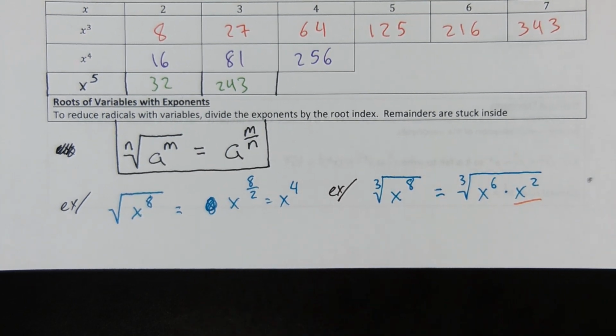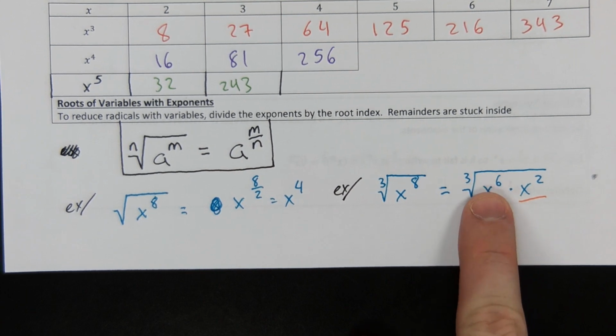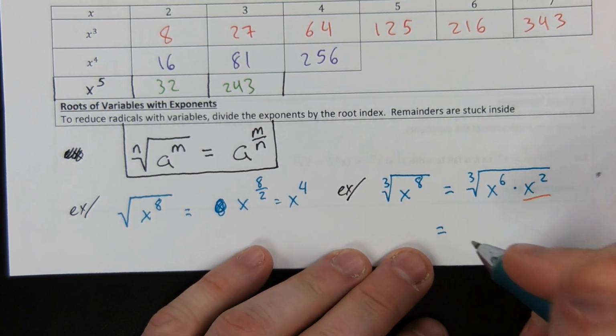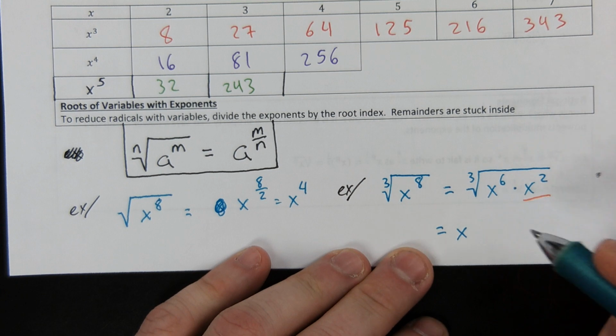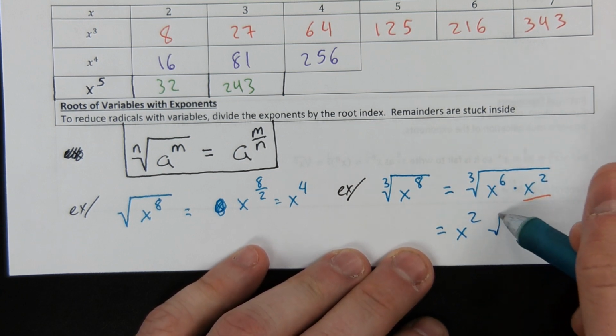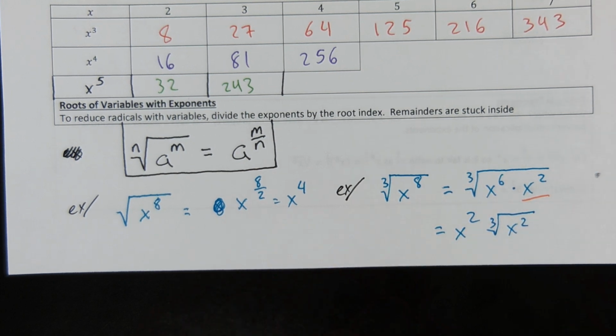Why? Because its exponent is smaller than the root index. You can't divide it. But this x to the 6th gets to come out. It gets liberated. And when it comes out, you divide its exponent by the root index. And 6 divided by 3 is 2. But this thing is stuck inside the cube root. See, the remainders get left inside.